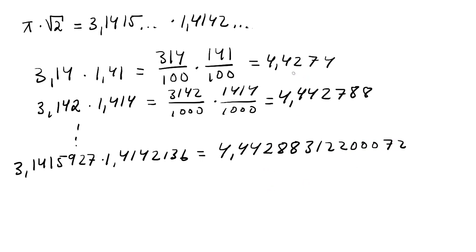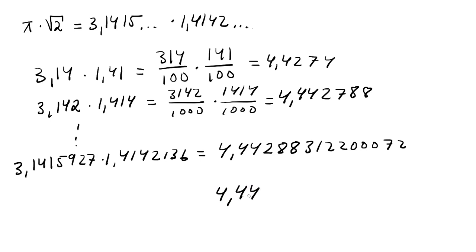The point here is we see that this sequence starts to stabilize itself. It starts at 4.42 and then 4.44. After doing this for a while, you will see that the first digits in the decimals will start to stabilize. So they won't change that much. After a while we get closer and closer to the real number that we want.